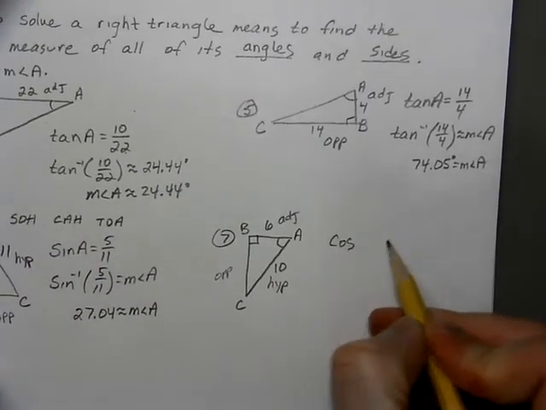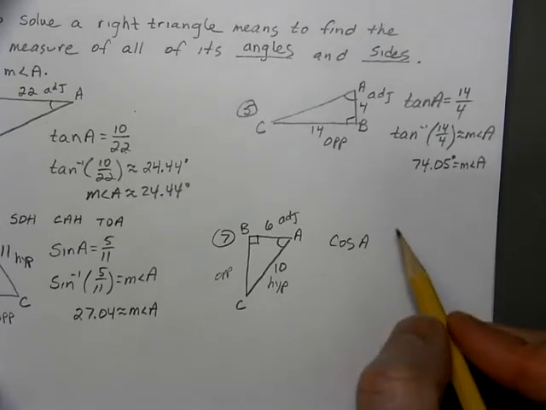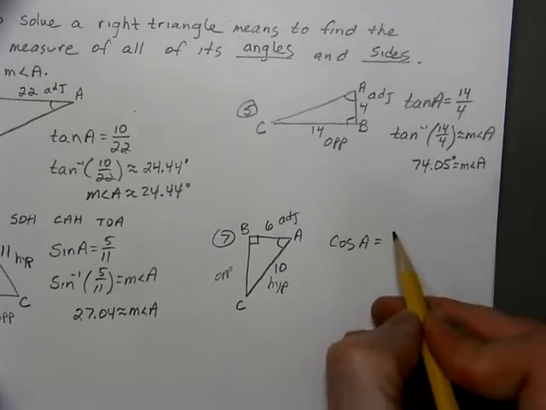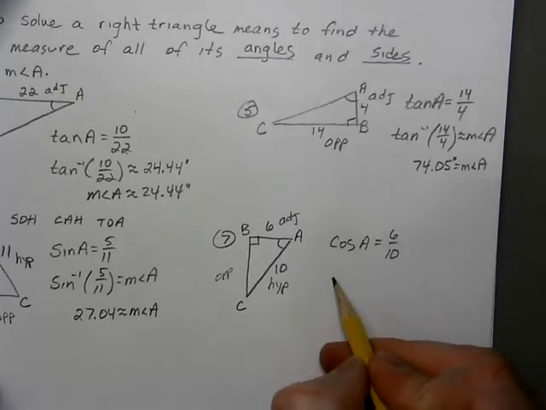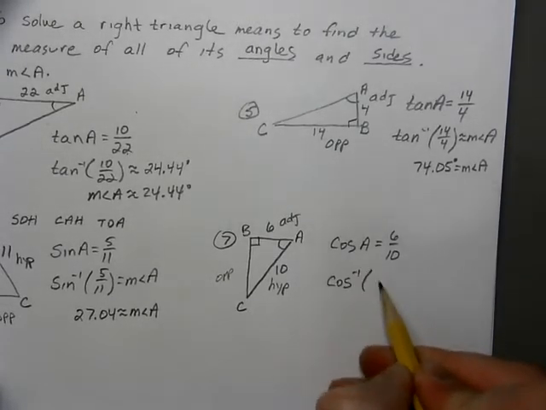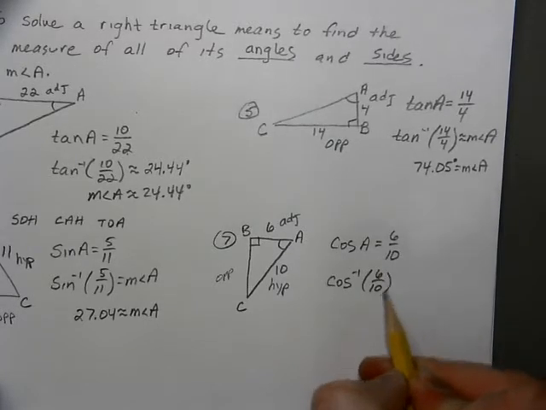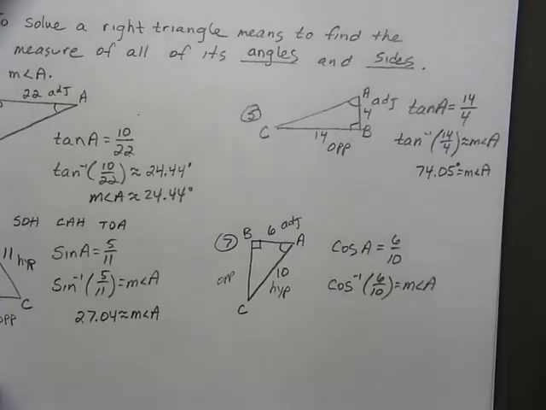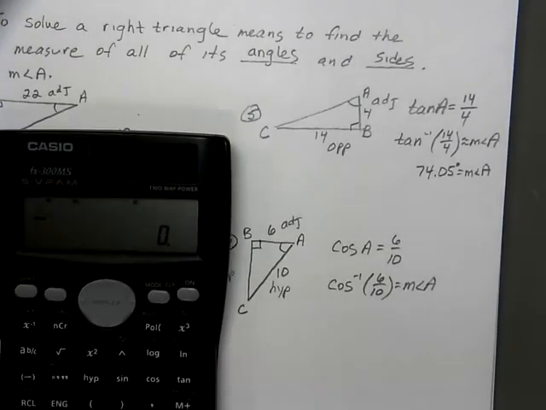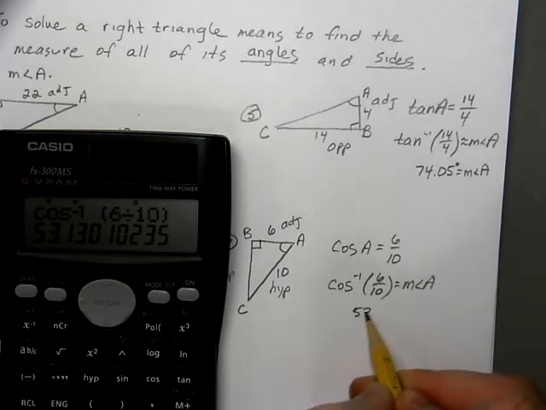So cosine of our angle A, the adjacent side is the 6, and the hypotenuse is the 10. We want to know what the value of A is, so we're going to do cosine inverse to get the A value by itself. So we do cosine inverse, got to use parentheses, to figure out that we have 53.13.